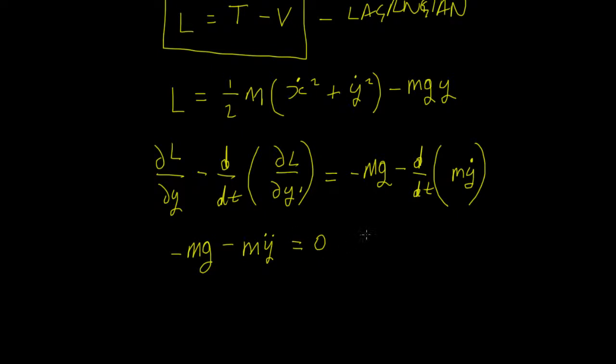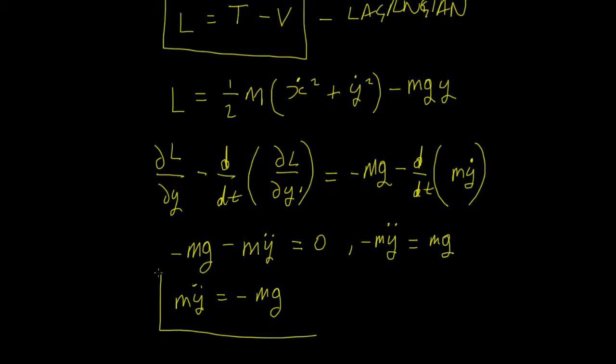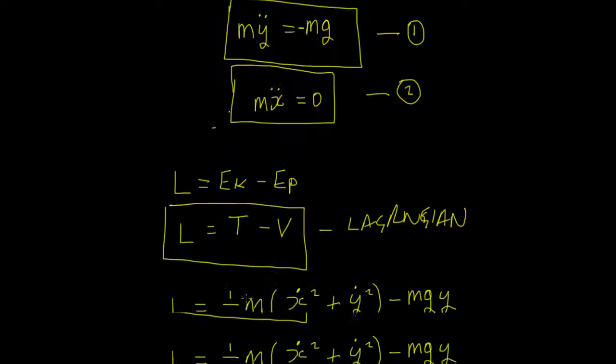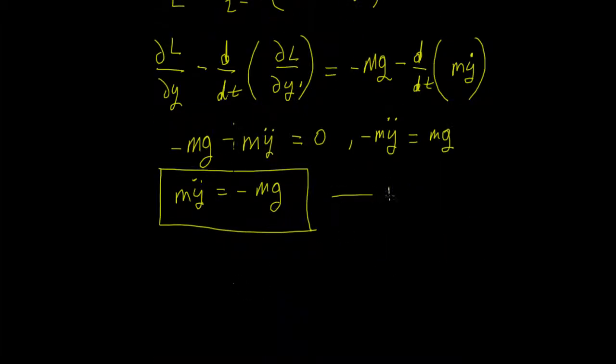So we end up with minus m y double dot equals mg. If we take our minus sign across, we have m y double dot equals minus mg, which is one of the equations that we're looking for. So that's us found number 1.